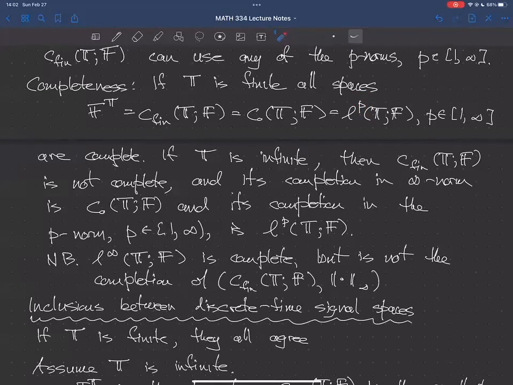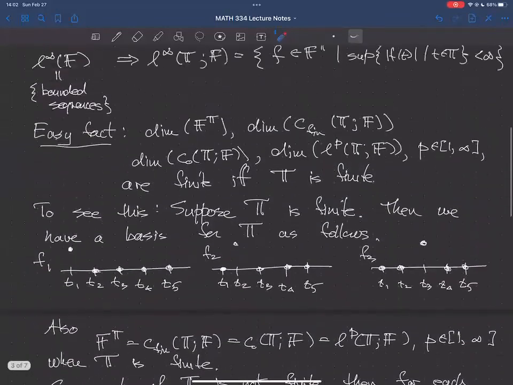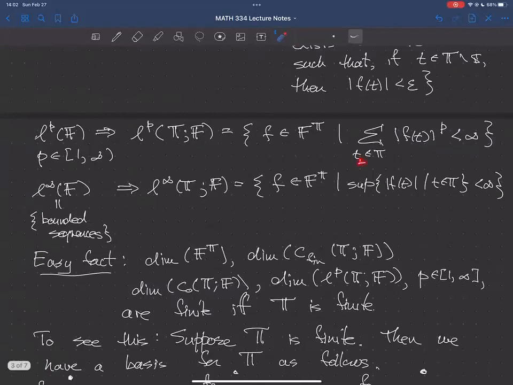That's because the LP spaces are defined by a requirement like that, and in order for this sum to be finite, it must necessarily be the case that the terms in the sum go to 0 as t gets large.